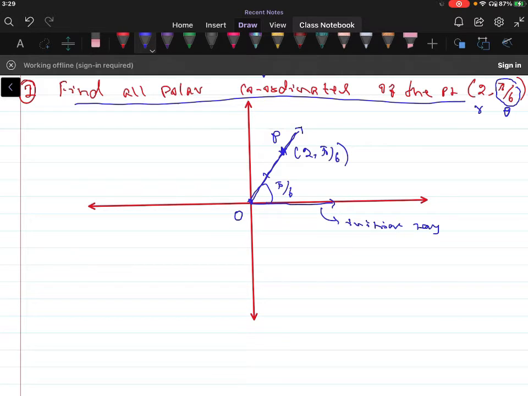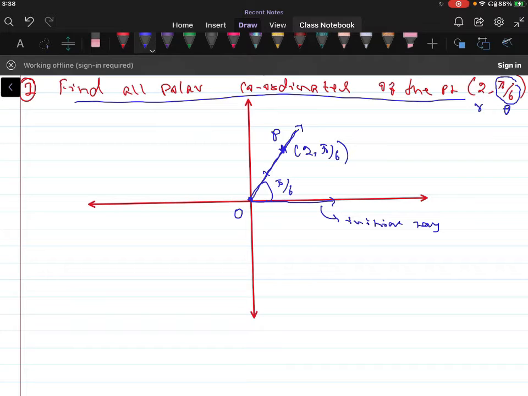Let us call this point P. Length OP is 2 units. There are many ways to reach this point. If I start with the initial ray, revolve around the whole coordinate system and again reach this point, this is 2 pi plus pi by 6, with r the same, 2.